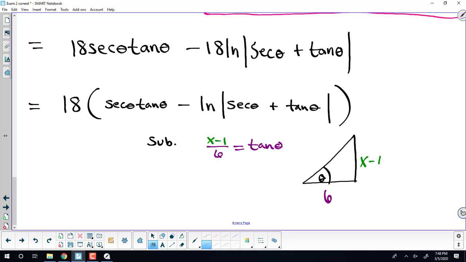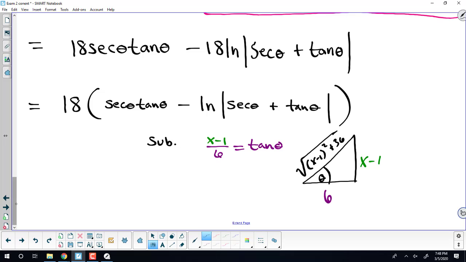Okay, so opposite is x minus 1, adjacent 6, hypotenuse would be the square root of x minus 1 squared plus 36. As you've done all these, that other side is just that part of your integrand, what we had under the radical before we made our new substitution. Squared gives x squared minus 2x plus 37.